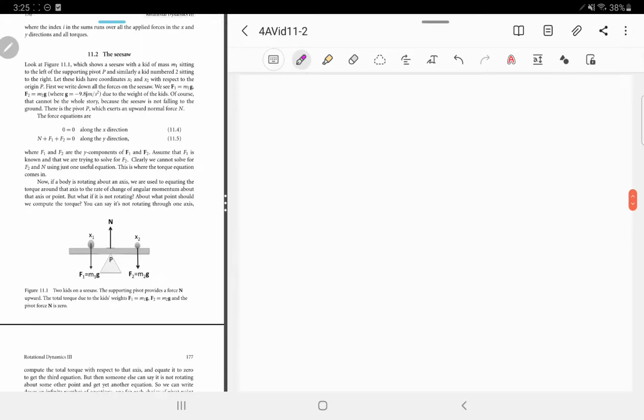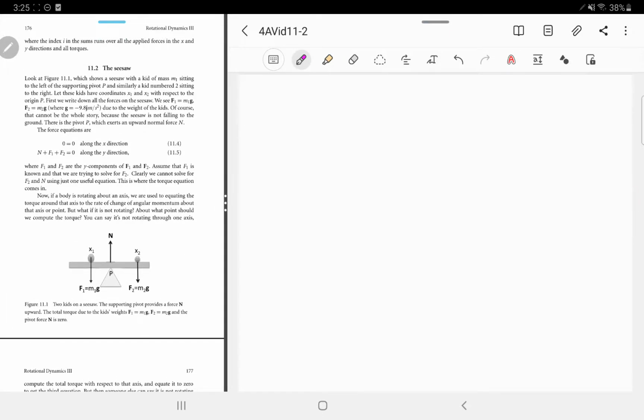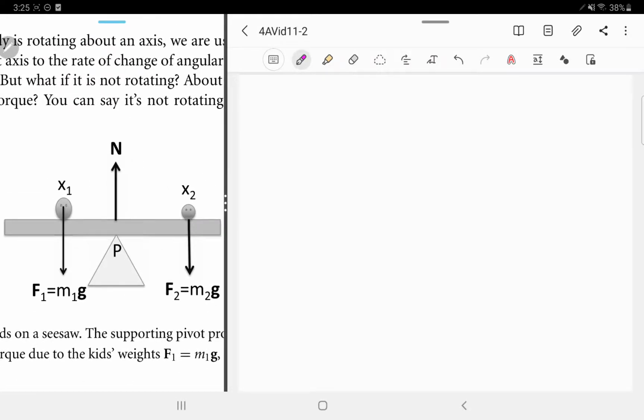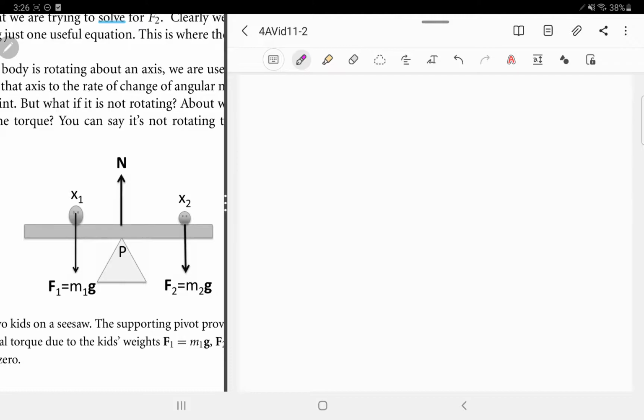Okay, so your book talks about a seesaw, this right here. The problem is assuming that there is no mass of this rod. But the rod is important because that's the object that we're summing all the torques on.